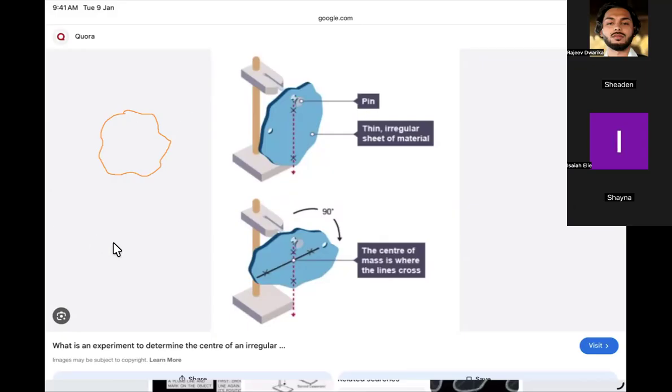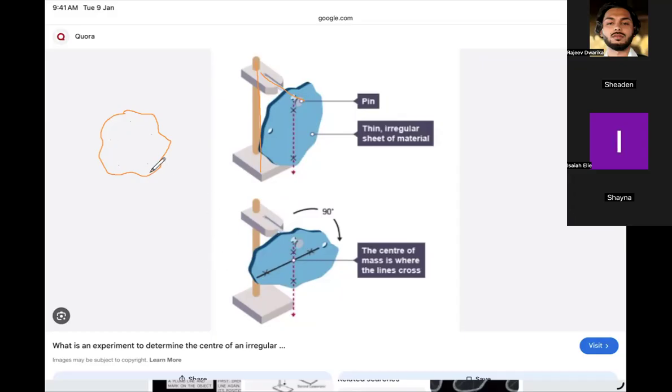You agree, right? Yes. So what we're going to do is take our retort stand and put it here. We're going to place a pin. We are going to put some holes along the edge of the irregular piece of paper, like so. You all following so far? Yes, sir.